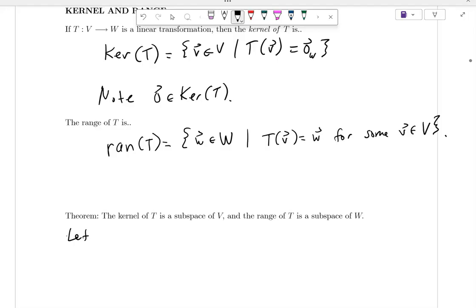We also need to make sure that we have a non-empty set. But why do we know that the kernel of T is not empty? Yeah, the 0 vector is in there, right? So the kernel is not the empty set, since we know that the 0 vector is definitely in there. So let's start with 2 vectors in the kernel.